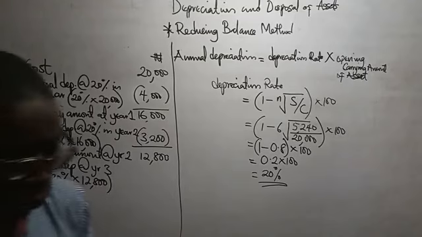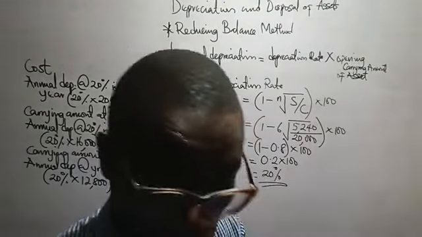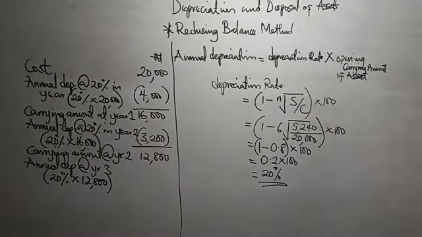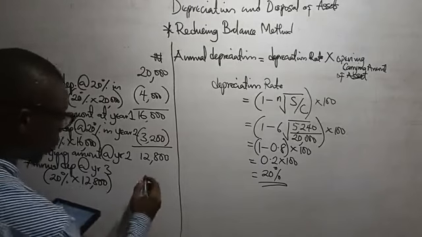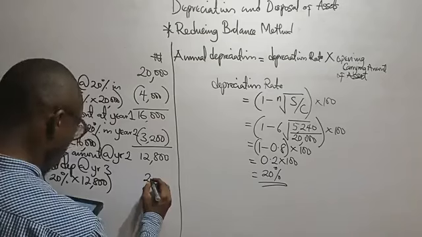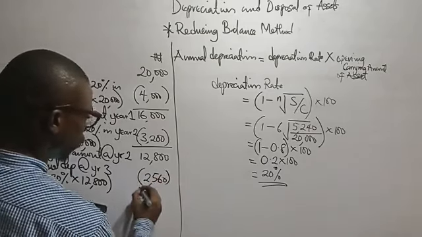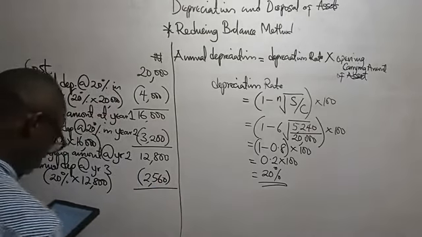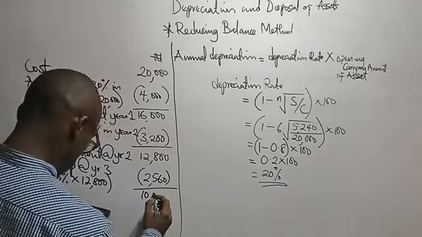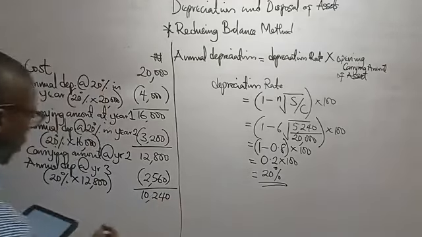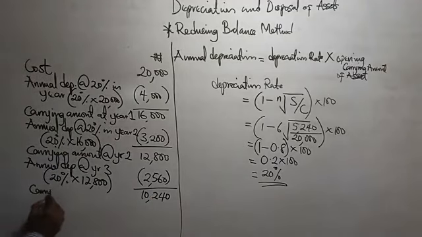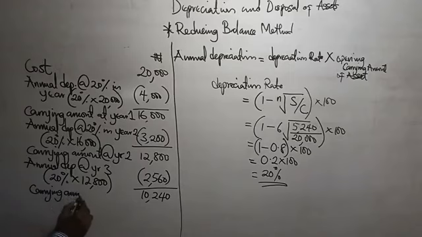So that will give us 2,560. If you remove it from the opening balance, you will have 10,240. That will be the carrying amount at year 3. So that's how you'll be doing it.